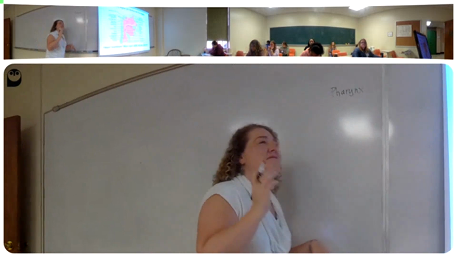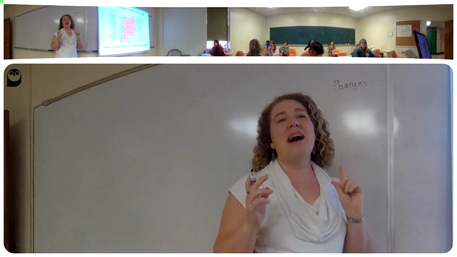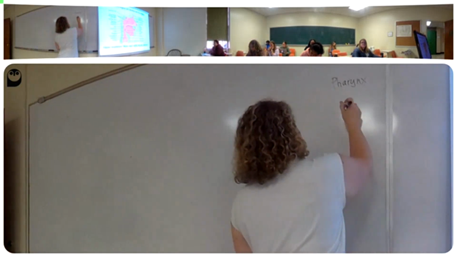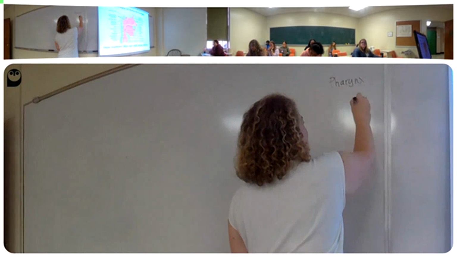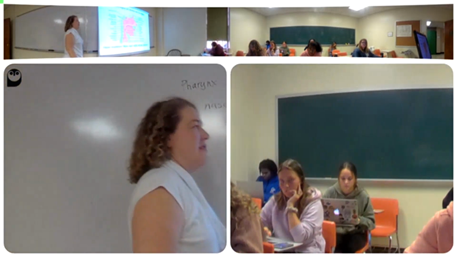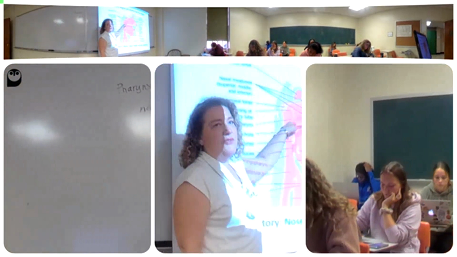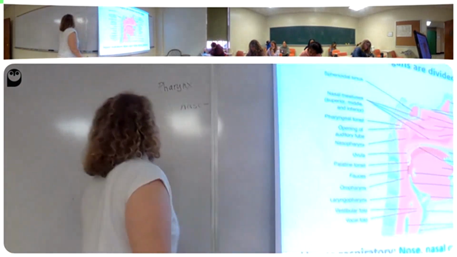Okay, so pharynx. Pharynx indicates what we think of in normal terms as the back of your throat. And it's got three regions, or three prefixes. So we've got nasopharynx, which is the section that is behind your nose or behind your nasal cavity.